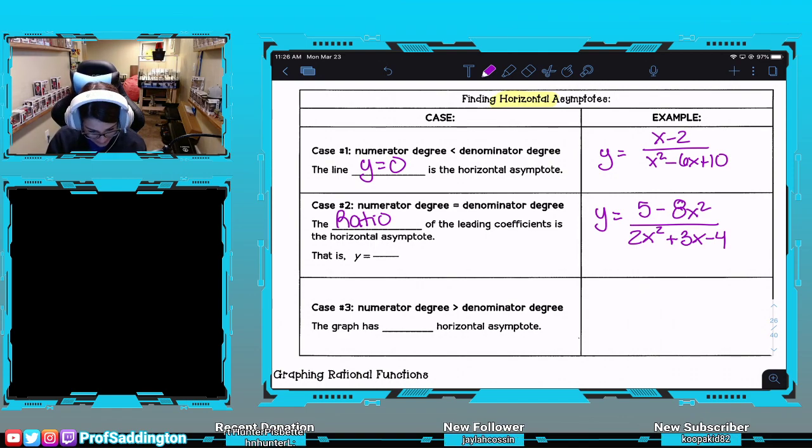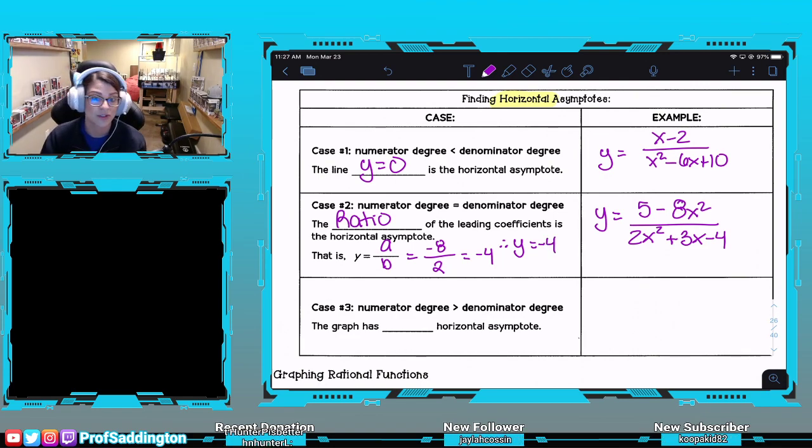So it's going to be a over b, where a represents the leading coefficient of our numerator, and b represents the leading coefficient of our denominator. So a is negative 8 for this case, and b is positive 2. Therefore, we get negative 4. So y equals negative 4 would be our horizontal asymptote for this specific case.